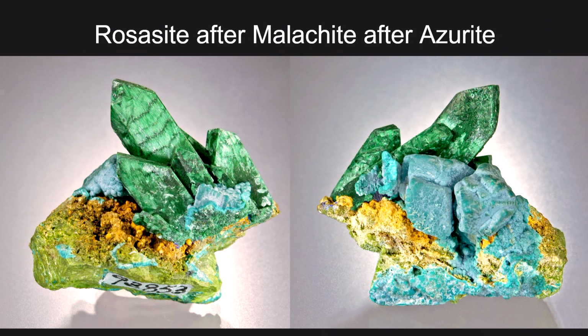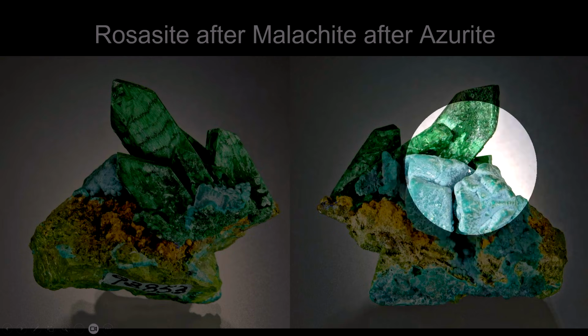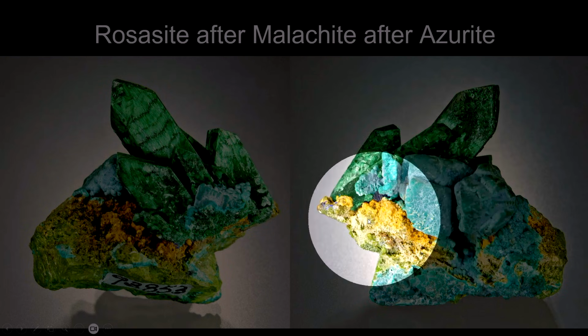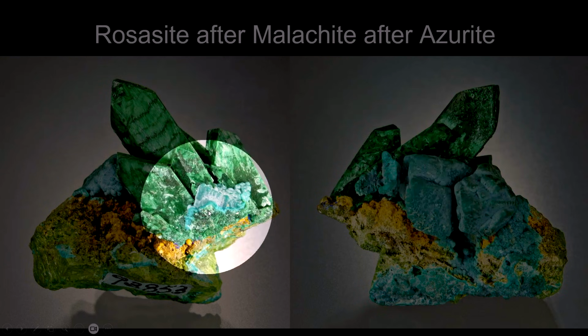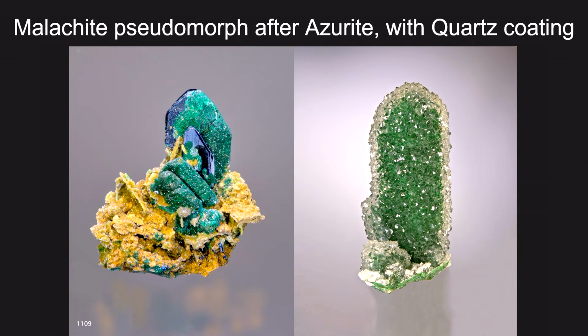And perhaps the reason for this is that the initial pseudomorph was just this portion, and after the malachite was transformed to rosasite, perhaps a second generation of azurite crystallized, and that was later pseudomorphed to malachite.